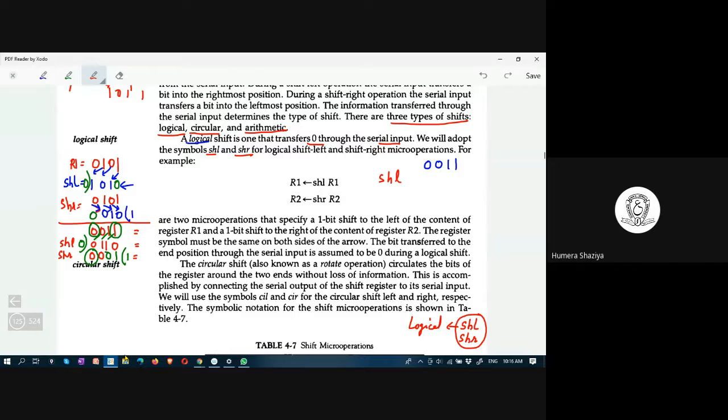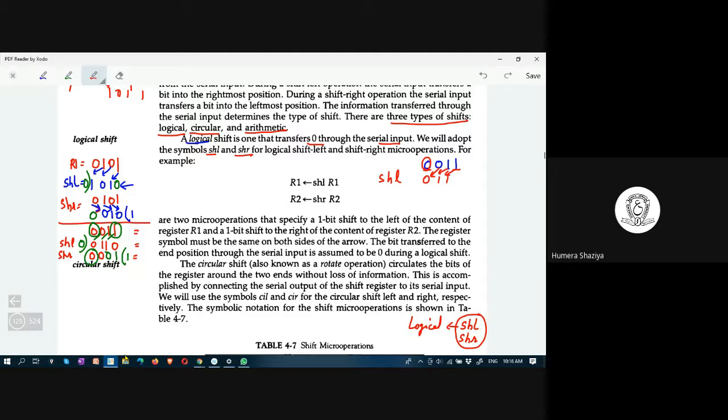This is the rightmost bit. In shift left, what happens? You transfer each bit to its left position, left direction. So this goes here, and this goes to its left. This goes to its left. Now what is left? This leftmost bit 0 is left.